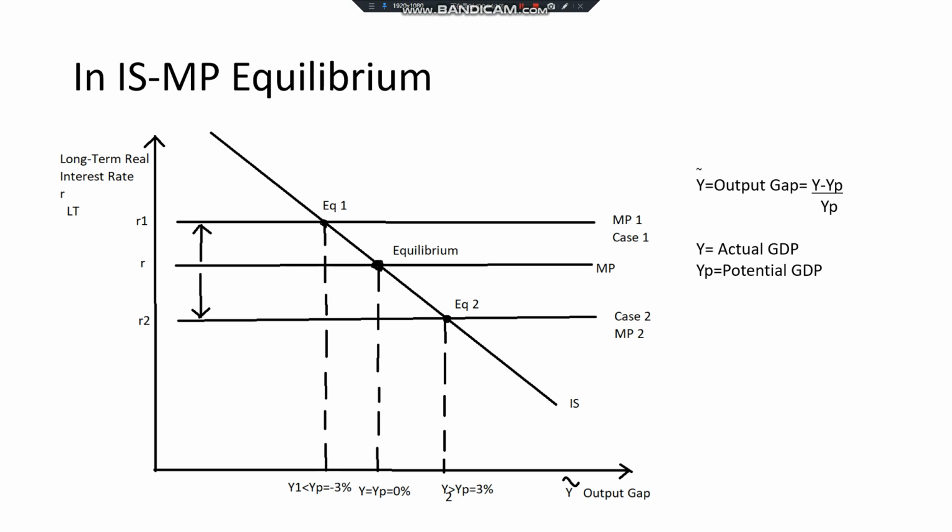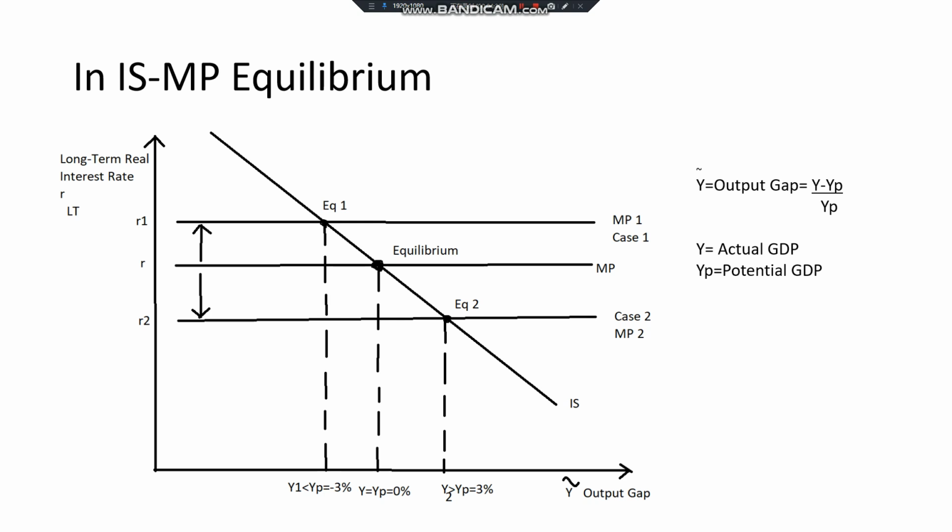So in the IS-MP equilibrium, we can see that the output gap equals actual GDP minus potential GDP, divided by potential GDP. If the output gap is negative, it means the actual GDP is smaller than the potential GDP.